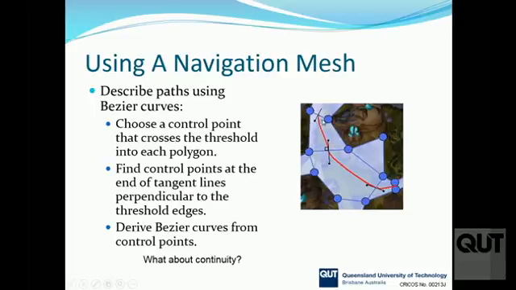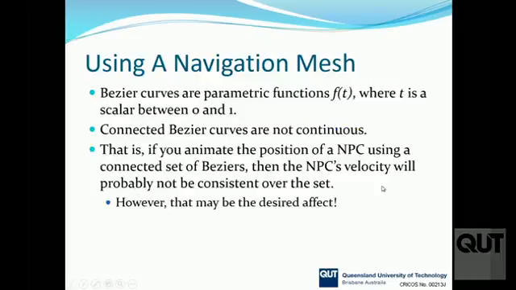So if you're ticking through values between 0 and 1 for your parameter t, it'll take the same amount of time in each case, but these 2 points are closer together and these 2 points are further away. So the character will appear to move slower here and then much faster along this part of the curve. So we have to try to solve this continuity problem when using curves in order to smooth our paths.